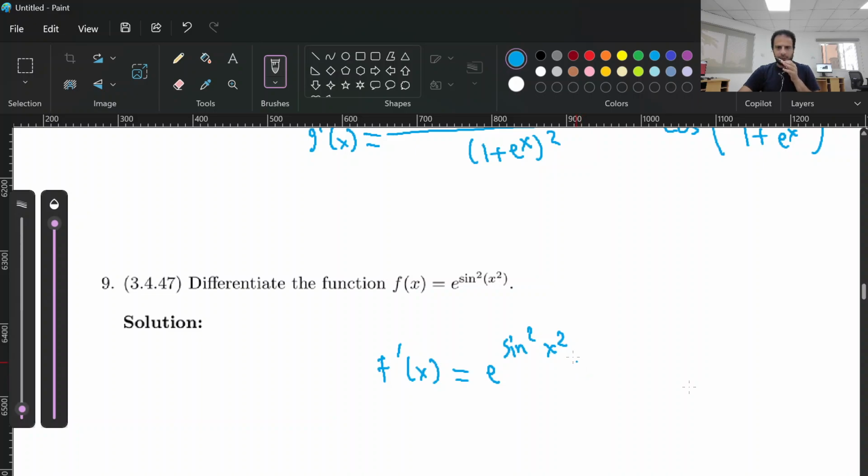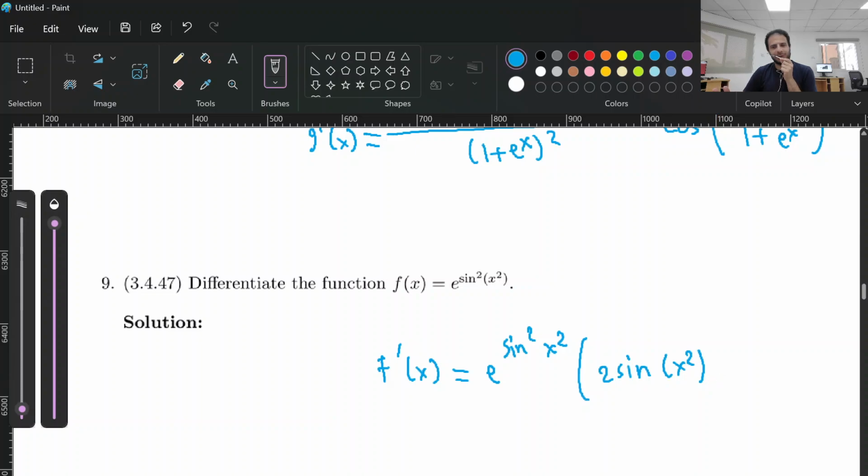Now derivative of inner, which is sine squared x squared. You will use chain rule. You have 2 sine x squared. This problem is really dangerous. It has nearly 4 or 5 chain rules, right? So 2 sine x squared. Good. What's the inner now?